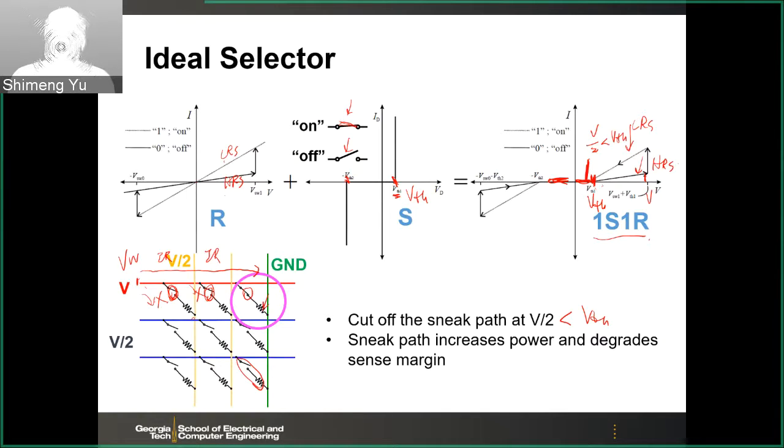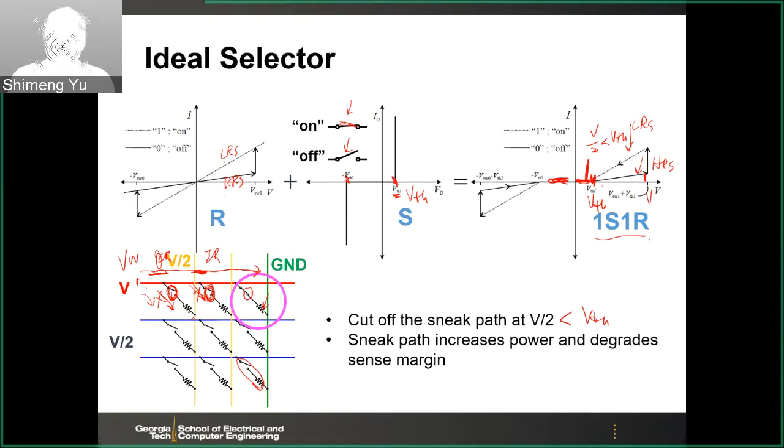But here you reduce the I because you cut off this sneak path current. At least you reduce the sneak path current. Therefore, the IR drop along each segment will also reduce, and then you will have a better write margin as the voltage or the current propagates through the wire.